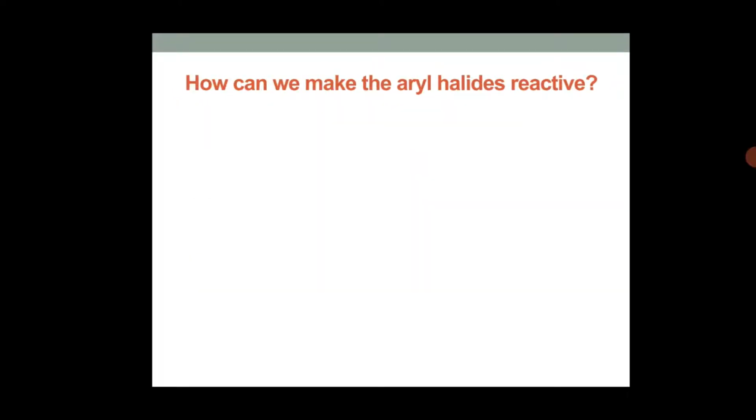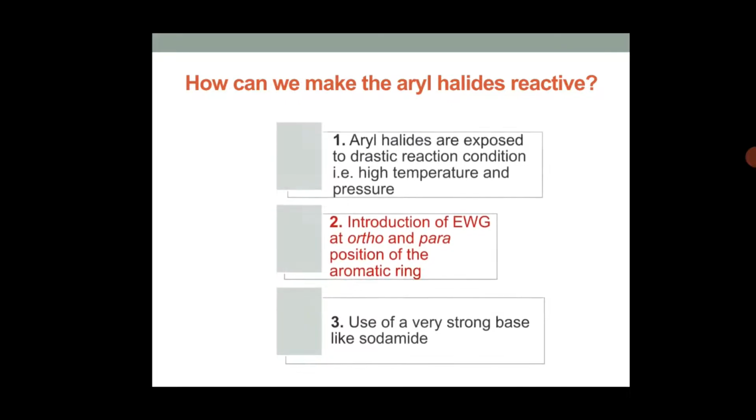So now the next question is, how can you make the aryl halides more reactive? We can make the aryl halides reactive by exposing them to drastic reaction conditions, that is high temperature and pressure.